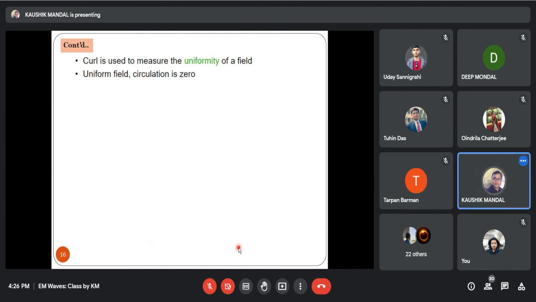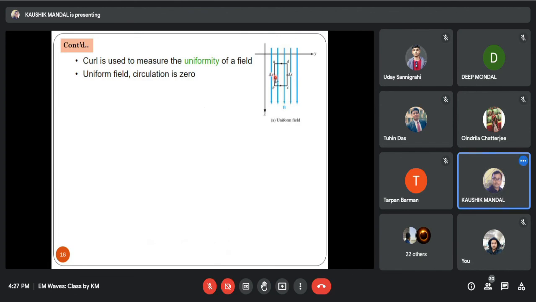So what is the significance of using this curl? This curl is basically used to measure the uniformity of a field. In a uniform field, the circulation will be 0.